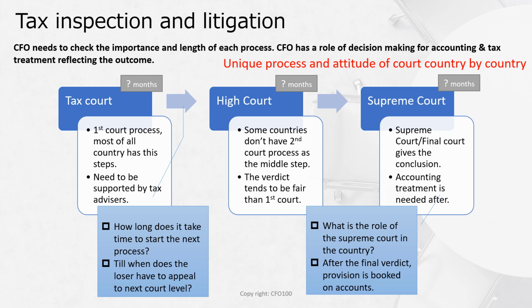After learning the litigation process on top of the inspection process, you may be interested in how to mitigate the risk of tax correction. On the next page, you can see the overview of those points.